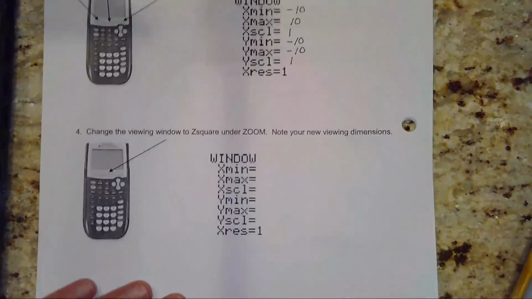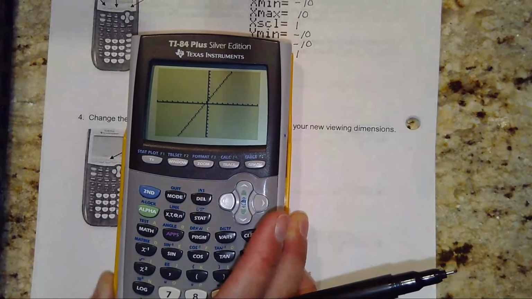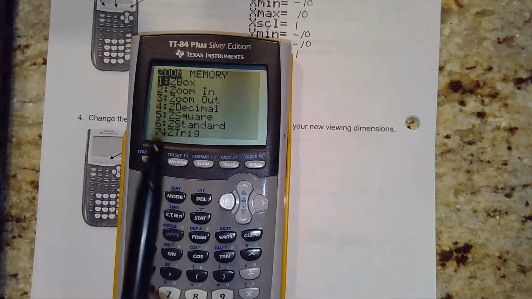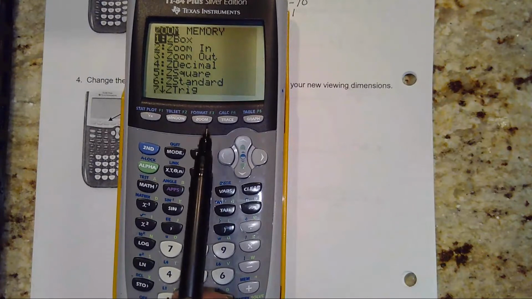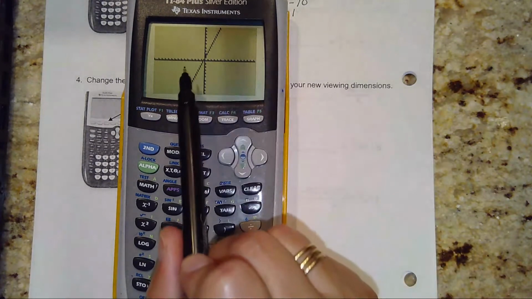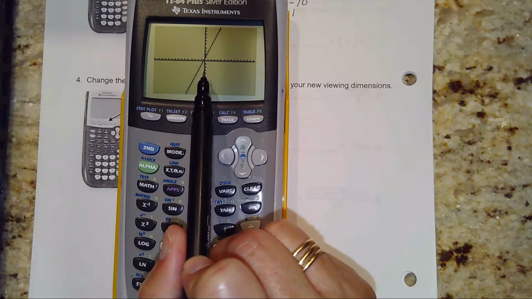So now what I want you to do is go to zoom, and hit ZSquare. That's option number 5. So I hit zoom and then 5. And you'll notice that there are quite a few more tick marks.